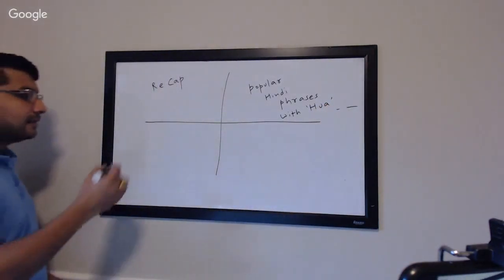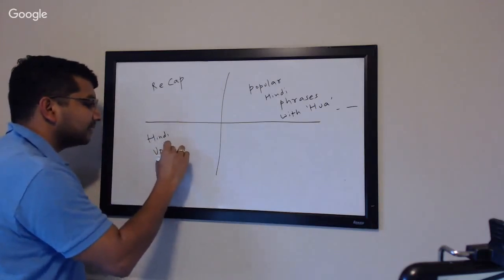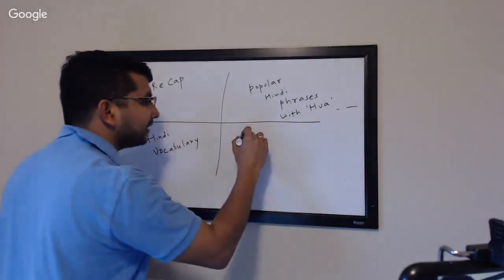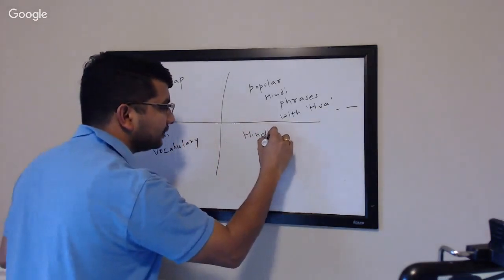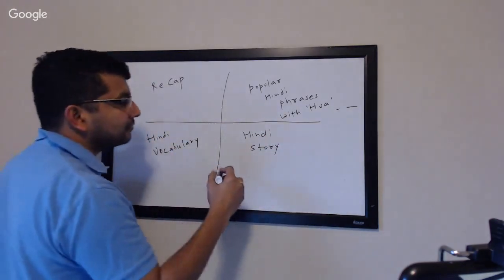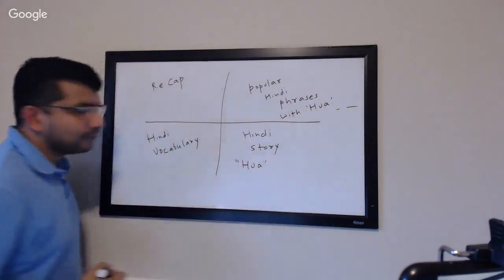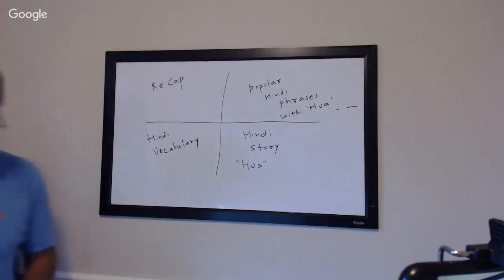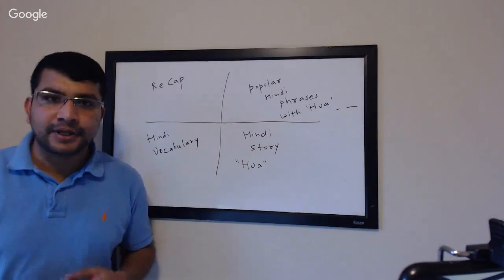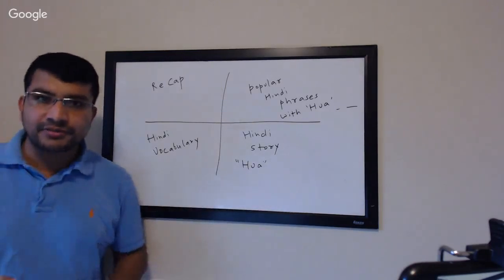In the third segment, we'll talk about Hindi vocabulary. And in the fourth segment, it's a Hindi story, where I have tried to use hua and the other forms of hua significantly. So this will force you to read those sentences again and again. This will also help you understand how this can be used, and the repetition.